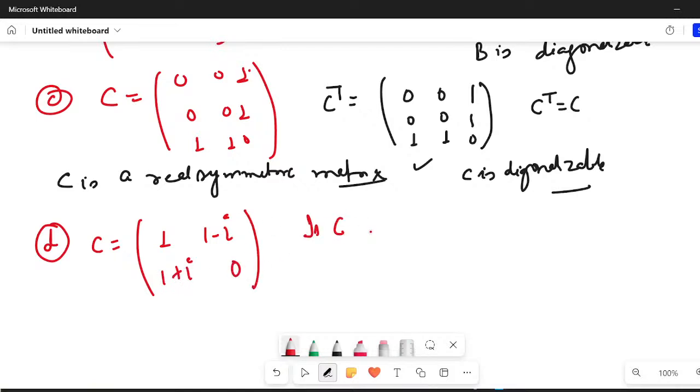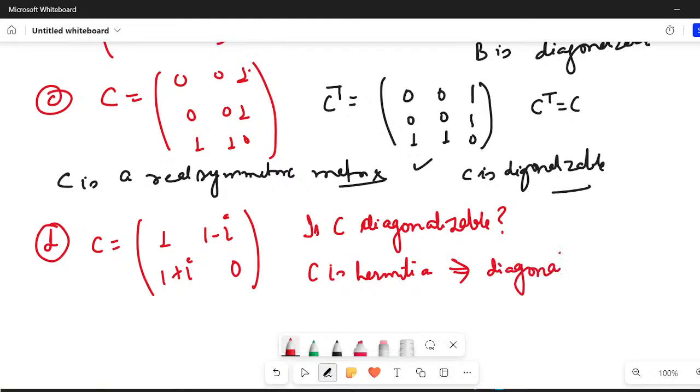Is it diagonalizable? Yes, indeed it is diagonalizable. Why? Because it is clearly a Hermitian matrix, and every Hermitian matrix is diagonalizable. So this matrix is diagonalizable.